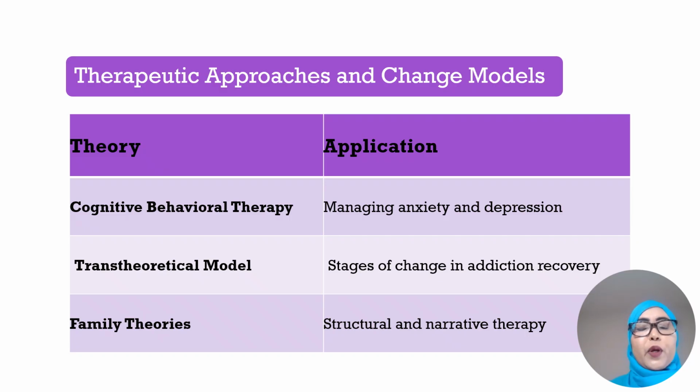The theories that we are going to apply are cognitive behavior therapy to manage the anxiety and depression, theoretical models, which are going to apply stages of change in addiction recovery, family therapy, the structure of the family, narrative therapy. We are going to use these approaches, theoretical approaches, and change models.